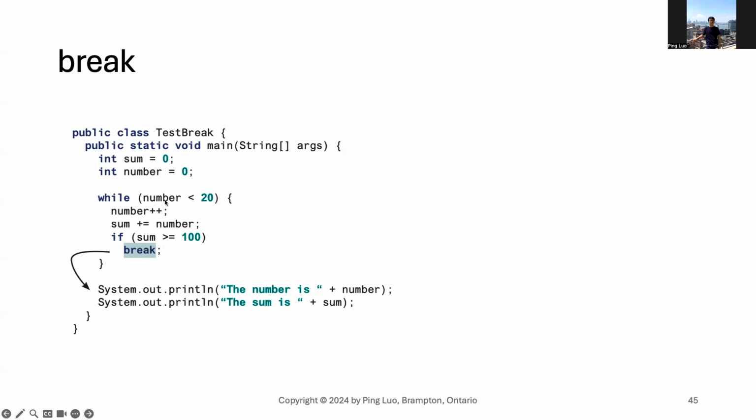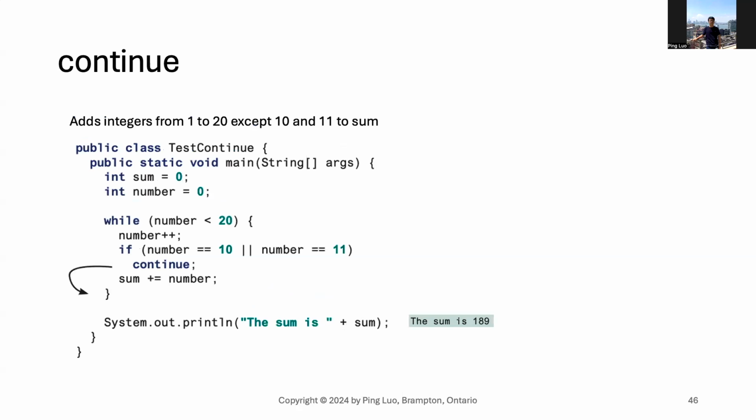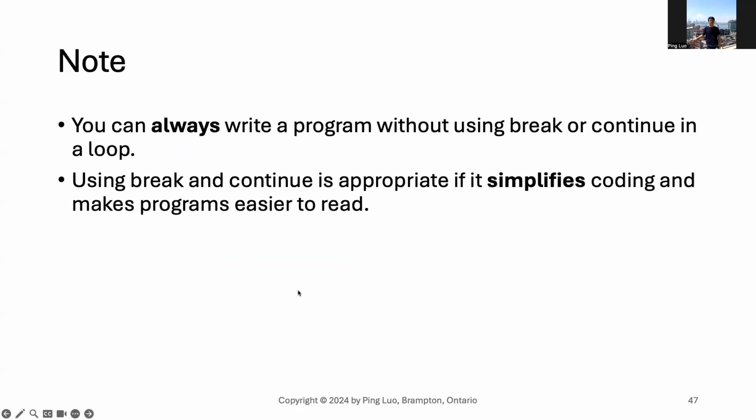That's why we can just put true here, and stop based on another additional condition inside the loop. And continue instead will just continue to the next loop iteration. It still runs these things. It's only appropriate, or it's better, if it simplifies the code. But just feel free to use whatever you like.